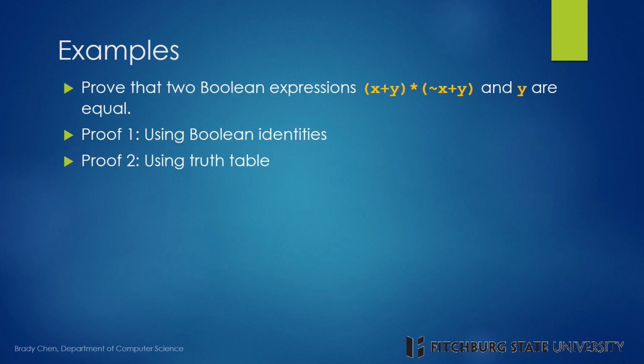Okay, here's another example. Let's try to prove two Boolean expressions. The first one is x plus y, which is x OR y, and then tilde x plus y, and then you have an AND operation to combine these two.